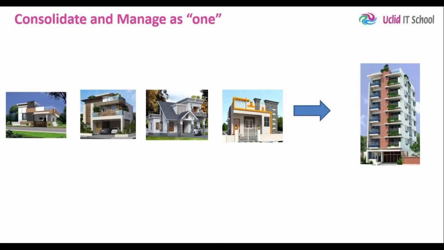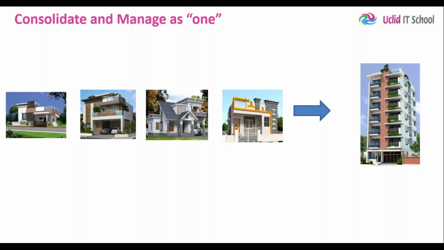And now, just to extend this real life example, when you consolidate, a few things are common or shared, and a few things are separate. In an apartment, what are common things? Lift is a common service. Security is a common service. Water supply is a common service.